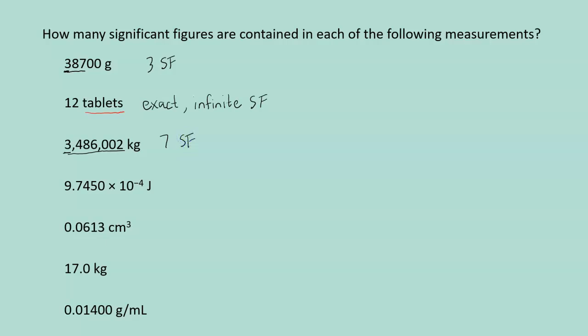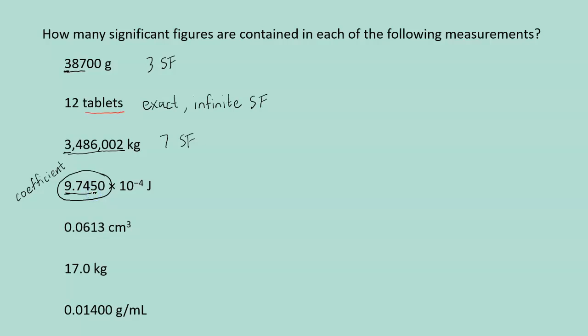Next example, this is scientific notation, and remember for scientific notation, all we care about is the coefficient. The number before the multiplication symbol is what we call our coefficient, which is separate from the power. Looking at that coefficient, we start with the non-zero digit on the left and underline until we get to the non-zero digit on the right.